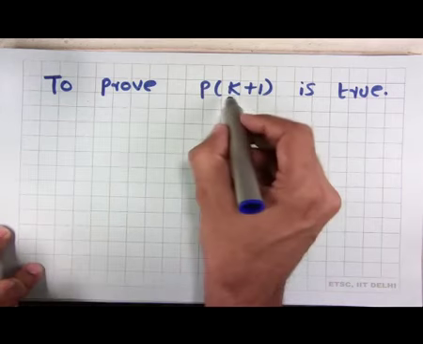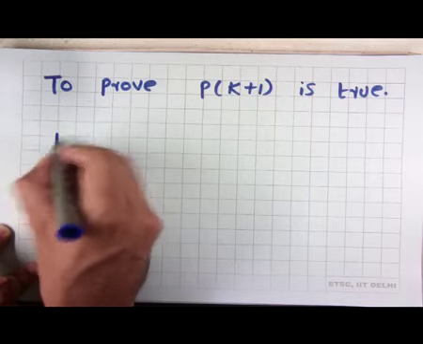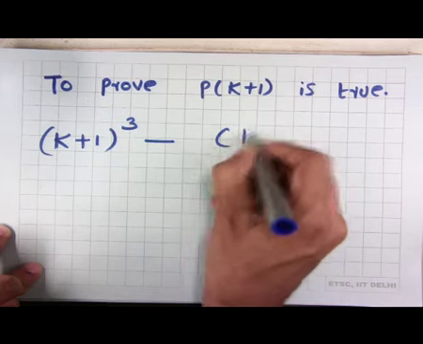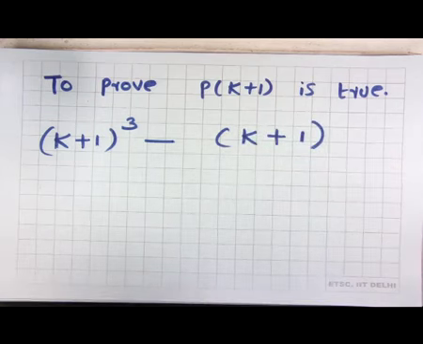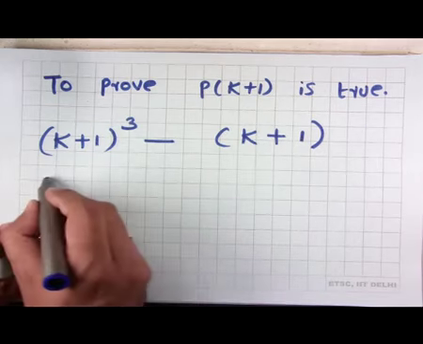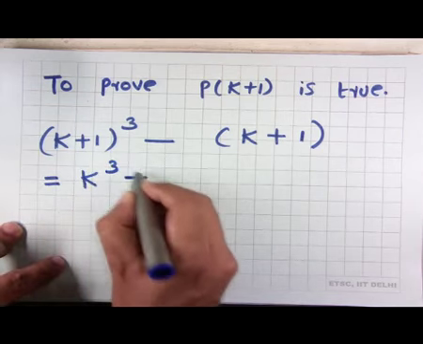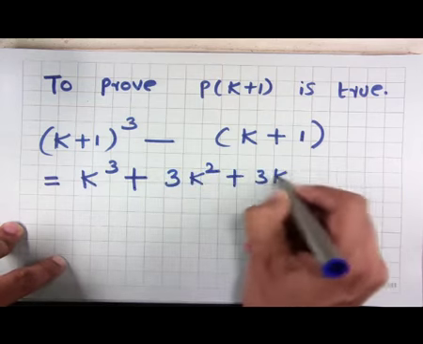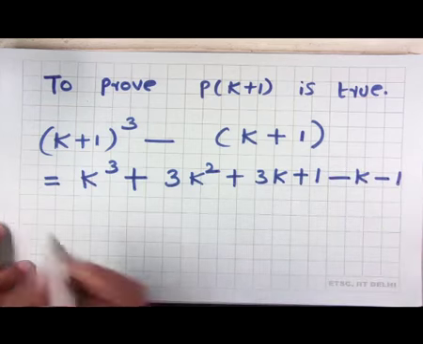For seeing whether P of k plus 1 is true or not, what I have to see is whether (k plus 1) the whole cube minus (k plus 1) is a multiple of 3, that is the question. Let us start with (k plus 1) the whole cube minus (k plus 1). Expanding, this is k cube plus 3k square plus 3k plus 1 minus k minus 1.